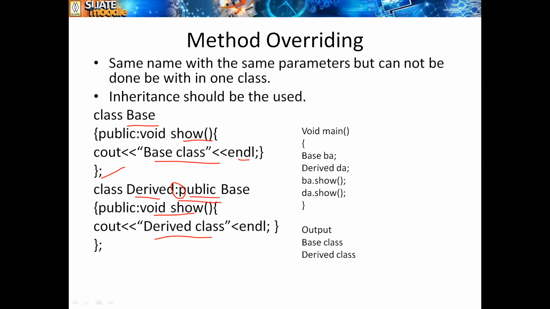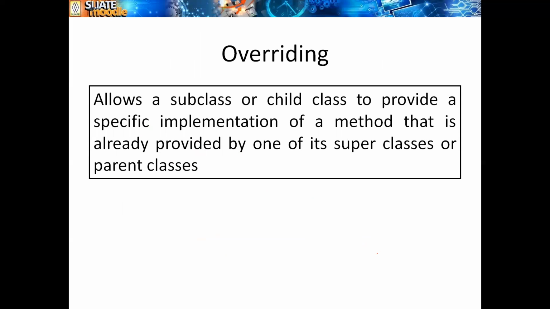Then create a base class object and a derived class object, and call the show method on each, giving the base class output and the derived class output, right? Overriding allows a subclass or child class to provide a specific implementation of a method that is already provided by one of its superclasses or parent classes.